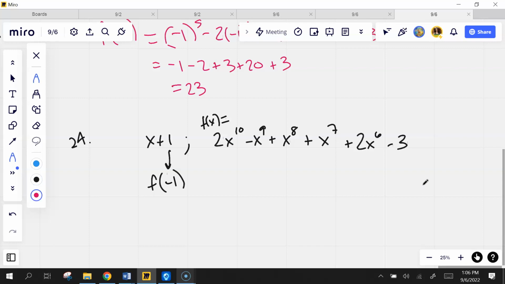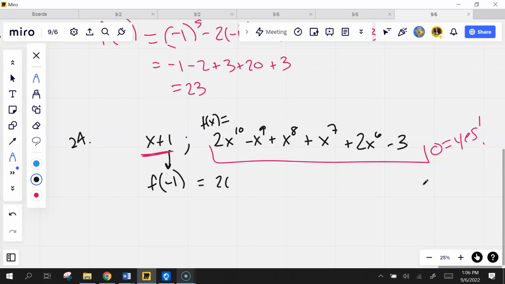They just say, is this a factor of this? So all you're doing is plugging in, but this time you're looking to see if you get 0 or not. You're wanting to get 0. 0 means yes, it's a factor. Anything else means no.